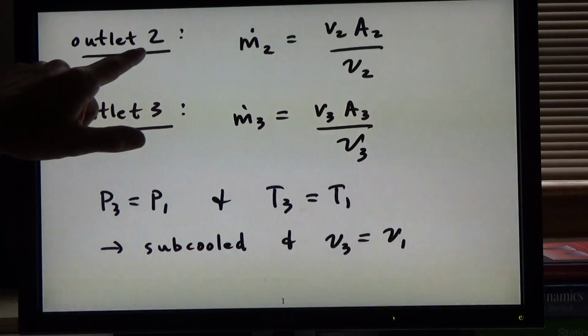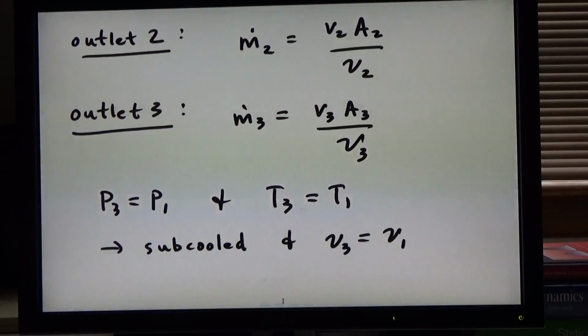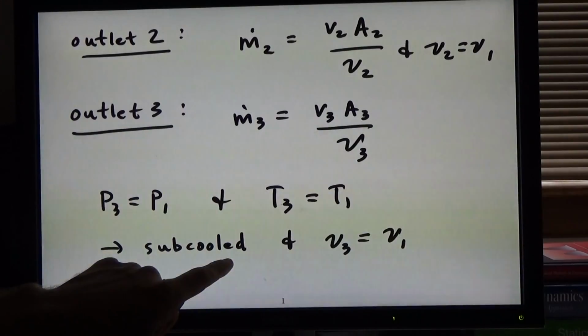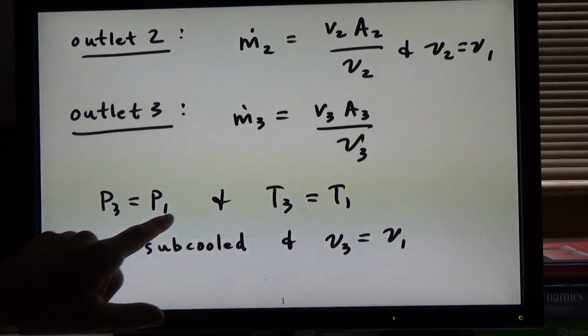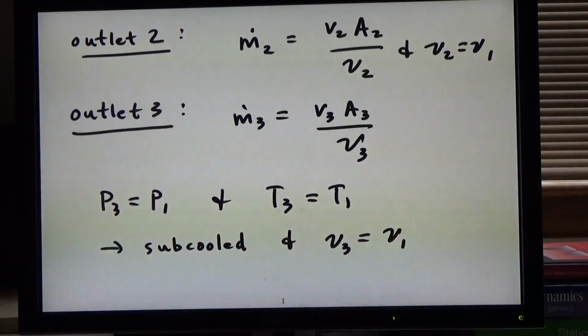It's also going to be similar for outlet number 2, right? v2 is going to be the same as v1 because of the same argument: P2 is equal to P1 and T2 is equal to T1. Just a quick side note, we have specific volume constant all the way through the device. This is something that we mentioned briefly.